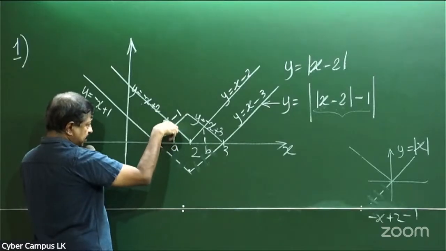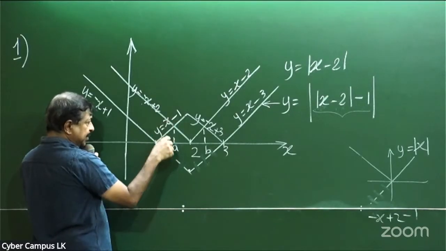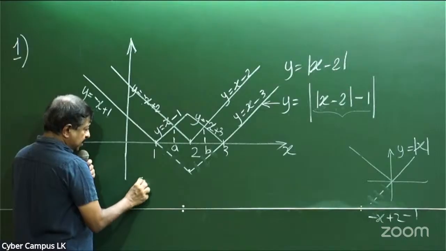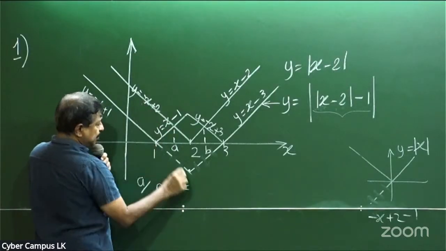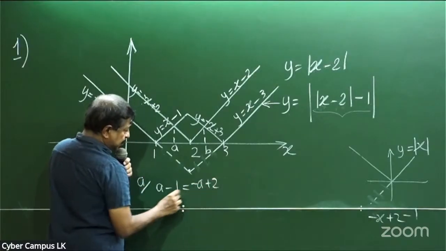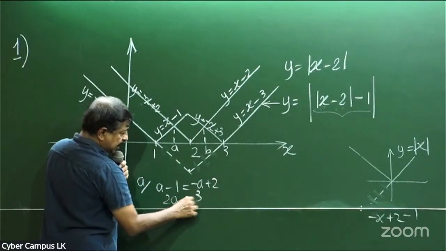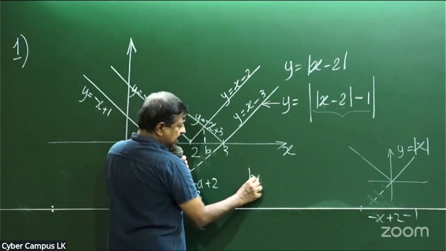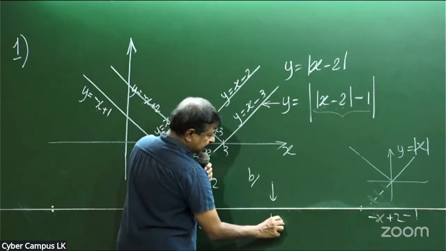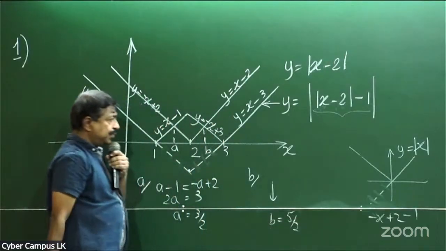It happens at the point of intersection, where the value of x is a. So you can simply write it as a minus 1 equals minus a plus 2. So 2a is 3 and a is 3 over 2. Similarly, b turns out to be 5 over 2.